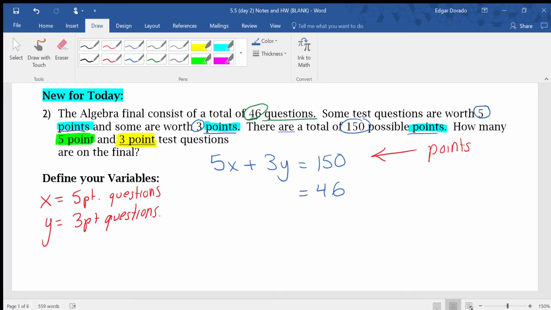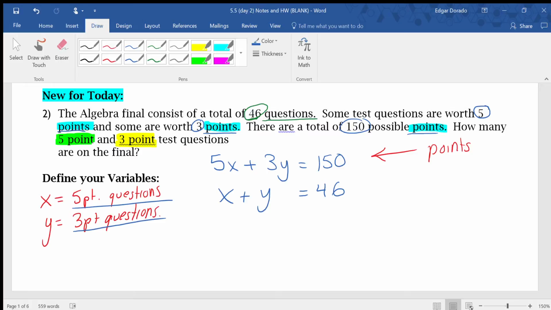Well, the only type of questions that you will have on a final are either 5-point questions or 3-point questions. So that is it. That's your equation right there. You're either going to have the 5-point questions plus however many 3-point questions there are, and we know that 3-point questions are just called y in this scenario.